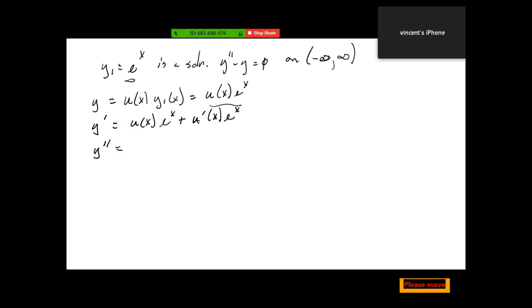One for the first term, one for the second term. So what would its derivative be? Okay. E to the x for sure. What else?